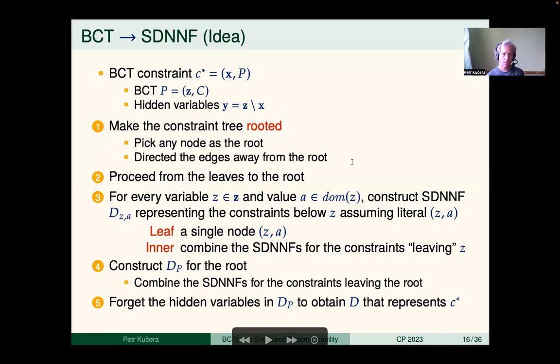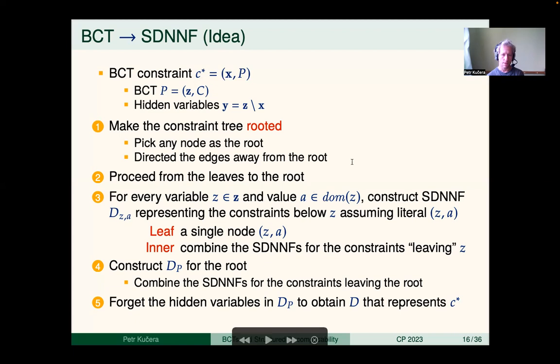So the first step is that we pick one node from the tree structure of the given BCT constraint as the root and direct all the edges away from the root. Then we proceed from the leaves to the root, and for every variable Z and every value A in its domain, we construct an SDNNF that represents the constraints below Z, assuming moreover that Z takes value A.